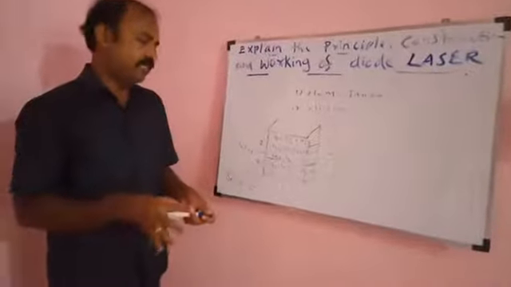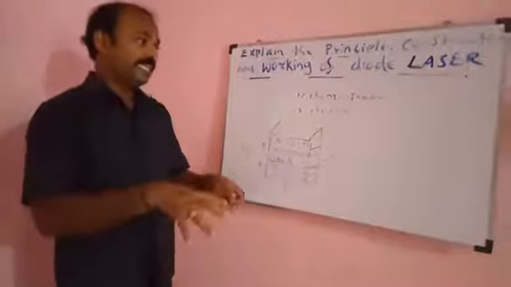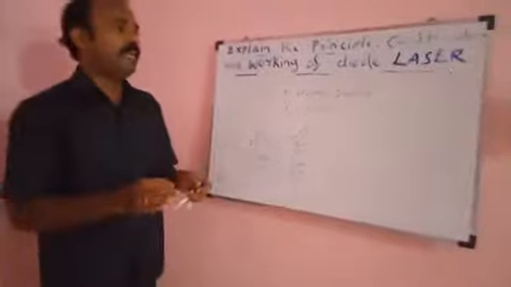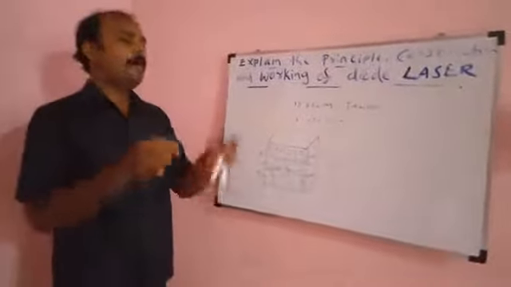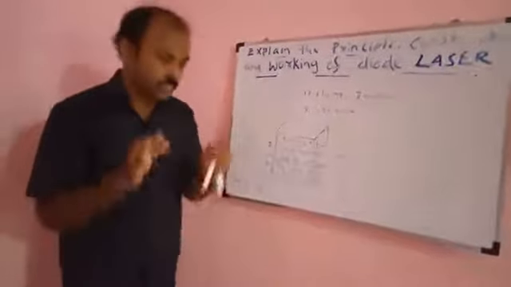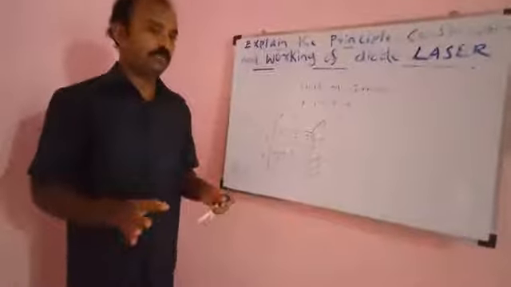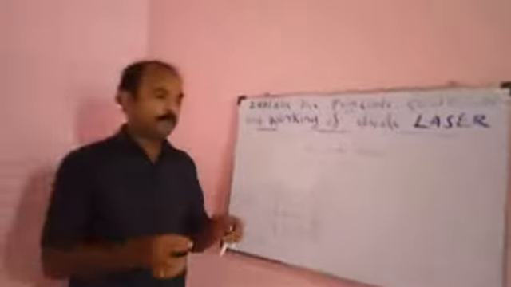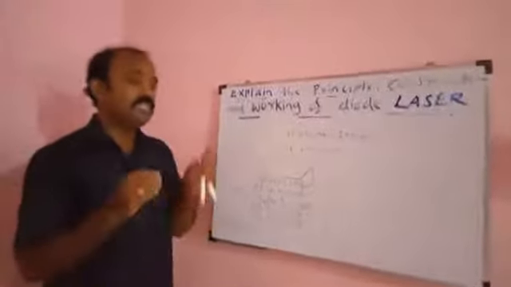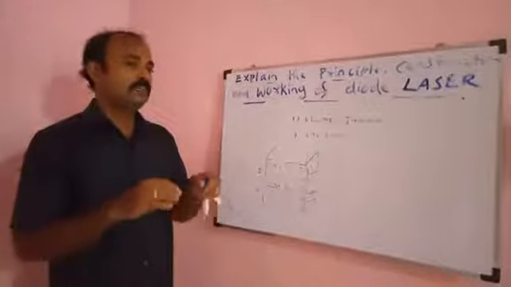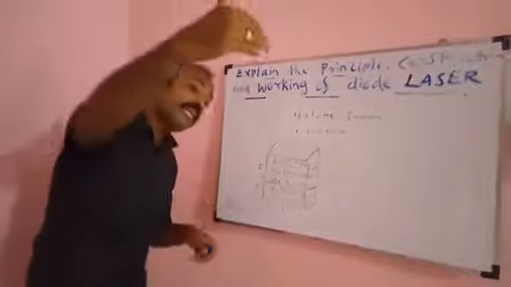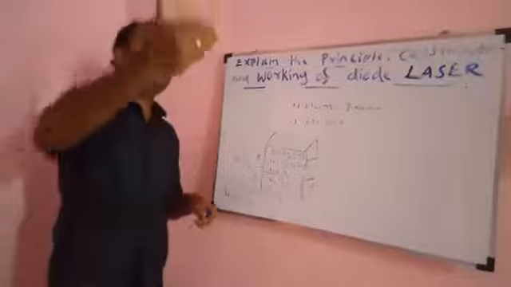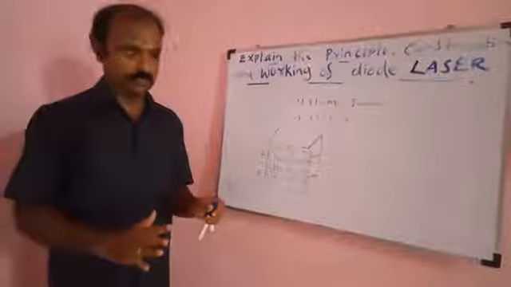Before that, in order to get laser action, we must remember that population inversion should take place. What is meant by population inversion? Population inversion is nothing but the number of atoms available in the higher energy state being greater than that in the lower energy state.